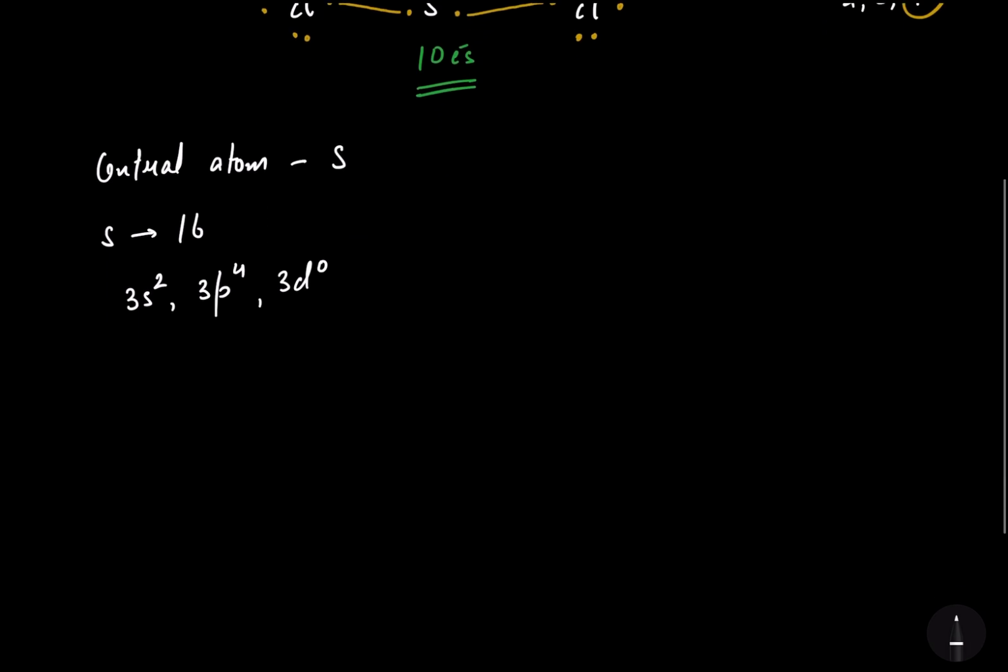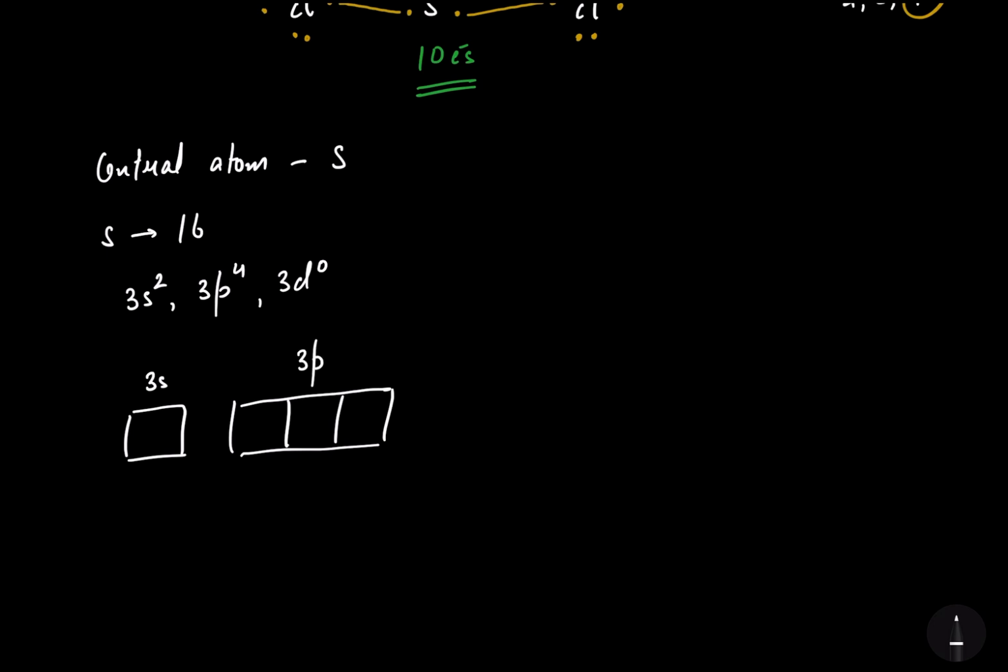So let's make the orbital diagram for the sulfur. That's our 3s. As s is having only one orbital, that's why we have made only one orbital or one box. That's the 3p subshell. P subshell is having 3 orbitals, that's why we have made 3 boxes, and they are of equal energies and they are also called degenerate orbitals.